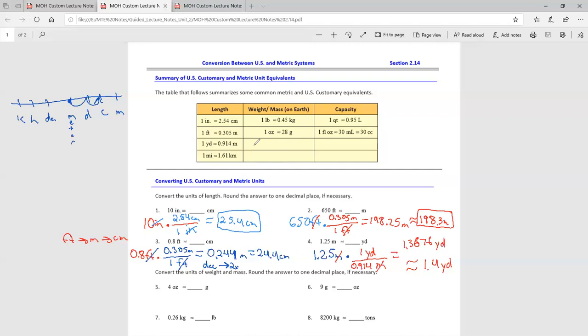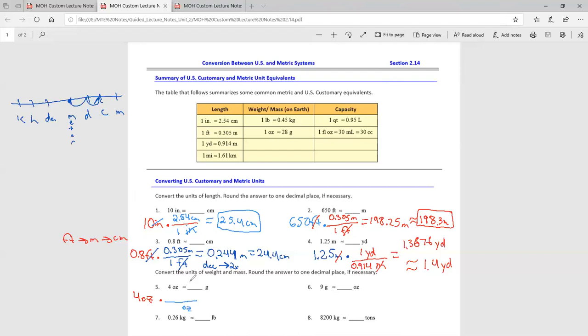Fortunately, it's the same exact math that we're doing as before. So 4 ounces to grams. Luckily, the second one in the middle column is ounces to grams. So we start with our 4 ounces. We're going to multiply by a fraction, and out with the old. So ounces have to go in the bottom.